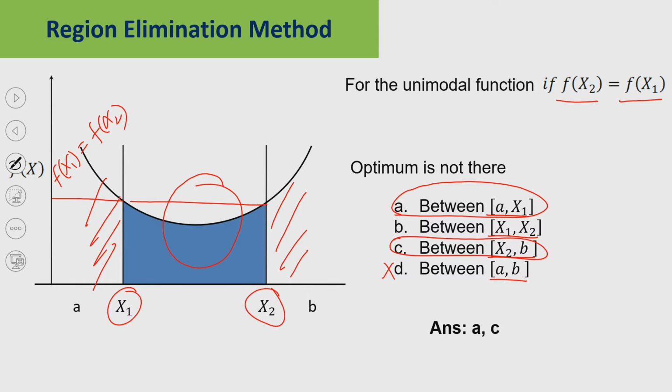Therefore, whatever methods we will discuss, these methods are known as region elimination methods. Basically, we are trying to eliminate the region where optima is not there.